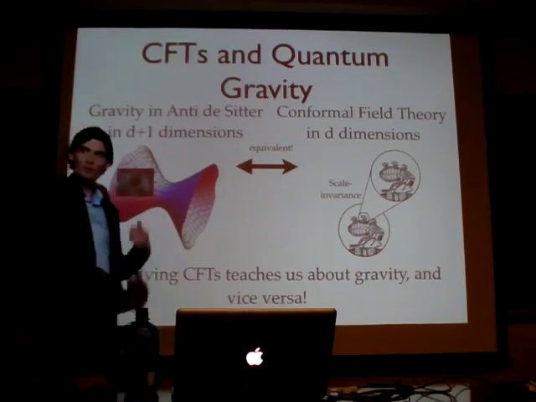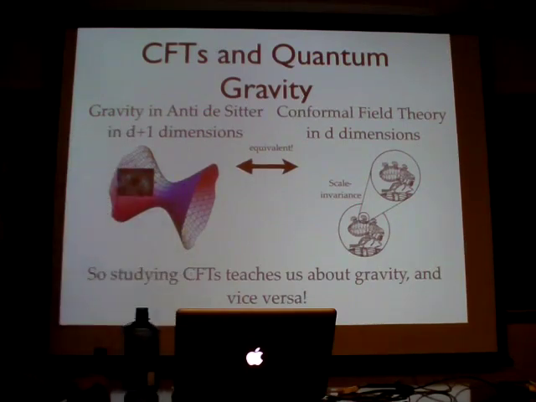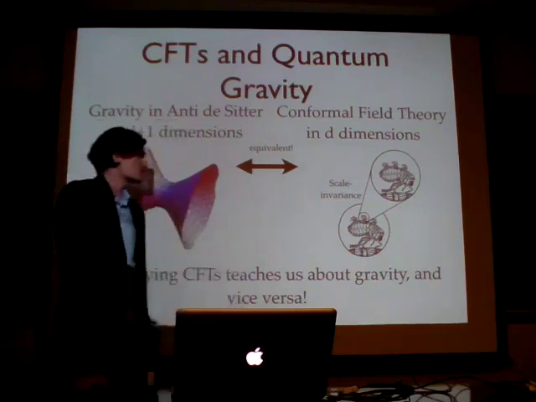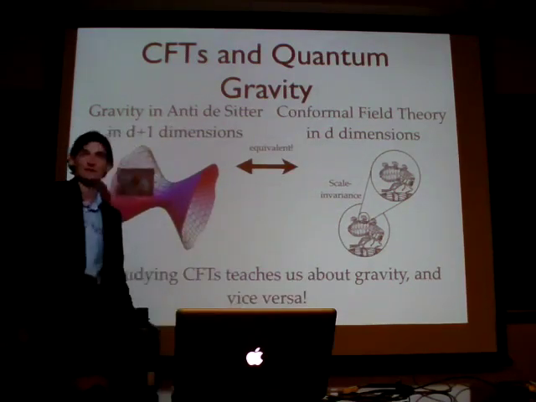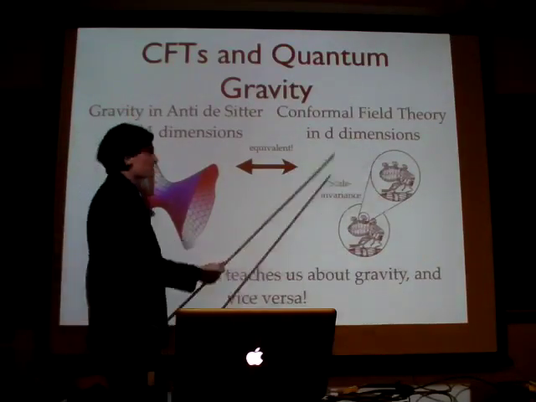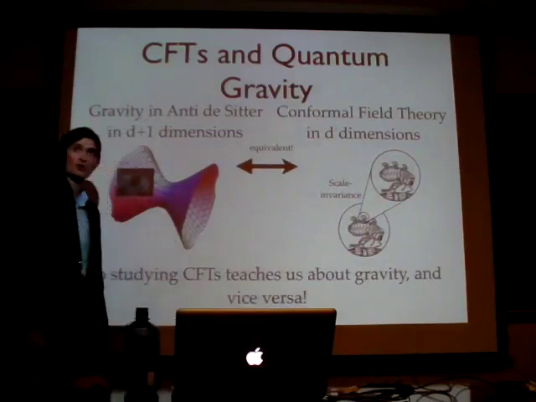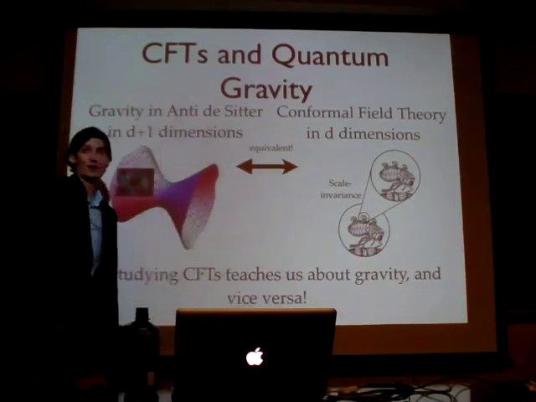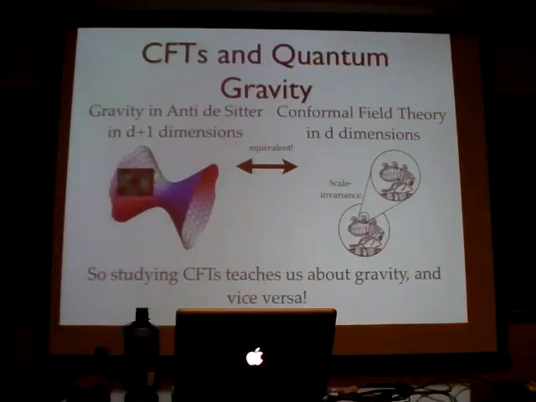What makes this so powerful is that there's still a lot about quantum gravity which is mysterious to us, but there's much less which is mysterious to us about conformal field theories. We believe we know in principle how to define them. And by studying this side, which we know much more about, we can in principle answer any question about quantum gravity in AdS.